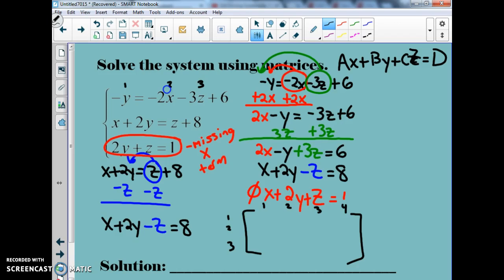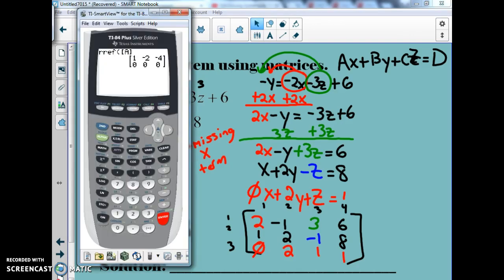They're going to consist of 2, -1, 3, and 6 for my first row. My second row will be 1, 2, -1, and 8. And my third row will be 0, 2, 1, and 1.